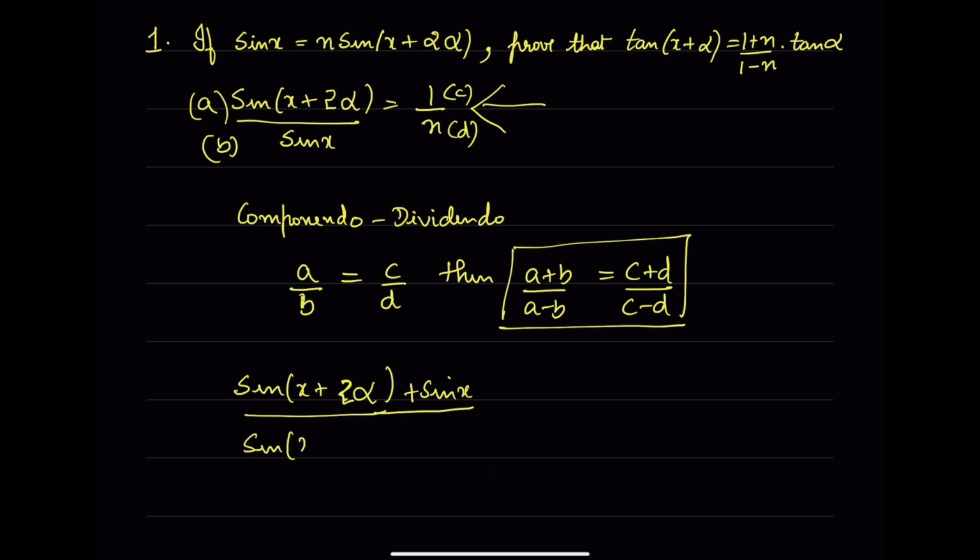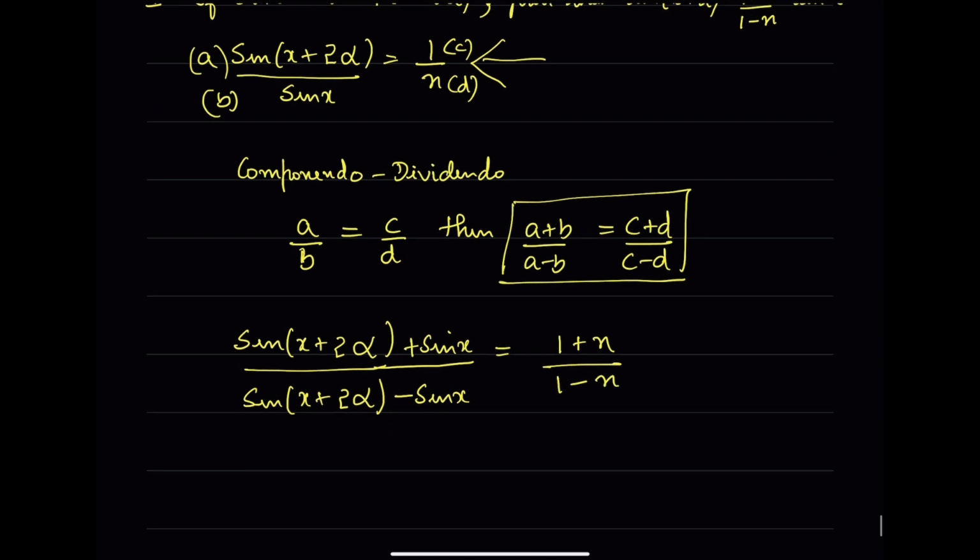And the denominator is sin of x plus 2 alpha minus sin x, and c plus d is 1 plus n, and c minus d is 1 minus n. Now this is of the format sin c plus sin d, and this is sin c minus sin d. So let's apply the formula now.